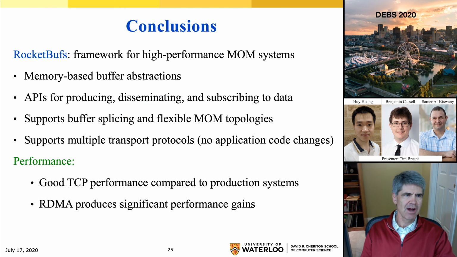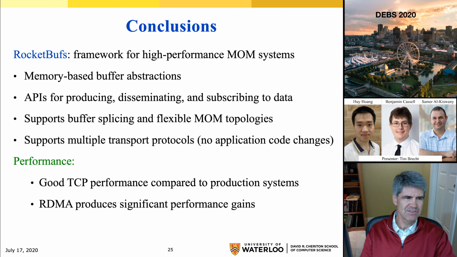So in summary, RocketBufs is a framework for high-performance MOM systems. It provides memory-based buffer abstractions, APIs for producing, disseminating, and subscribing to data. It supports buffer splicing and flexible MOM topologies, and supports multiple transport protocols, which require no application code changes to use, just changing a configuration file.